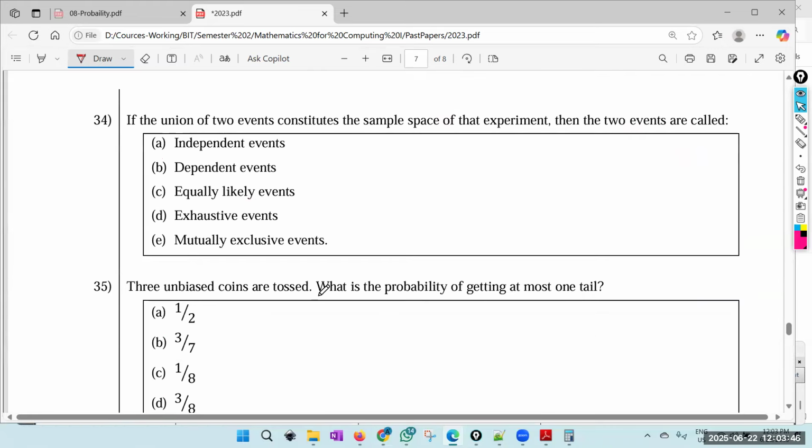Right. 34. If the union of two events constitutes, sorry. Today are we having an afternoon session? Yes, we are having an afternoon session. Maybe we can do another database, and also we need to do SAS essays that are related to styling.